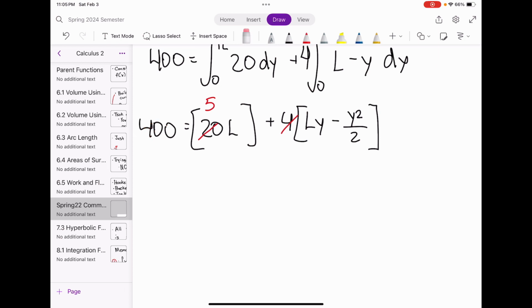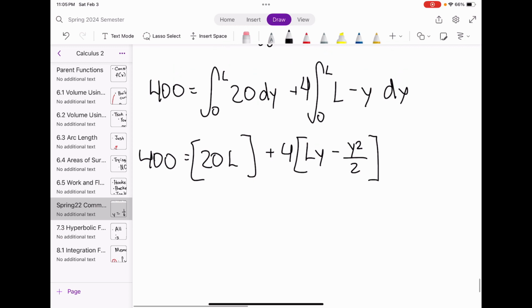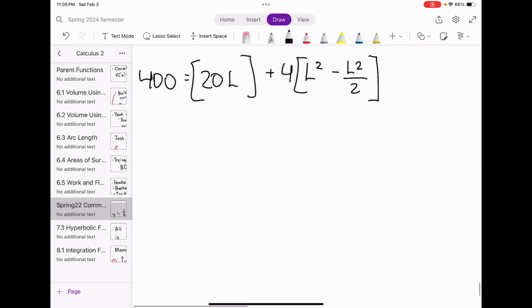Because what I forgot to do was to evaluate for this, because this has to be evaluated between 0 and L. Again, 0 doesn't count, but L does count. So in the case of where there's y, we're going to put an L. So this is L squared minus L squared over 2, which is the same thing as to write 400 is equal to 20.